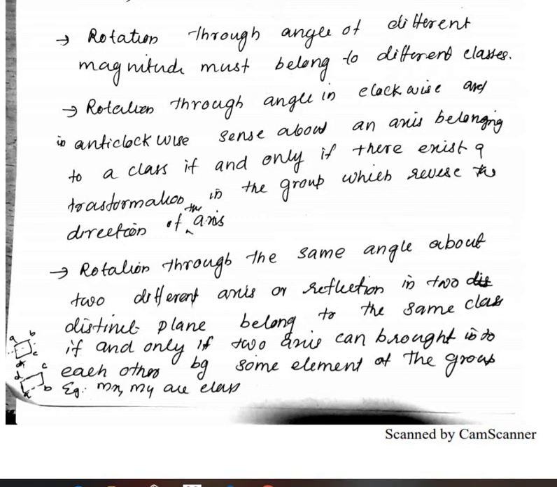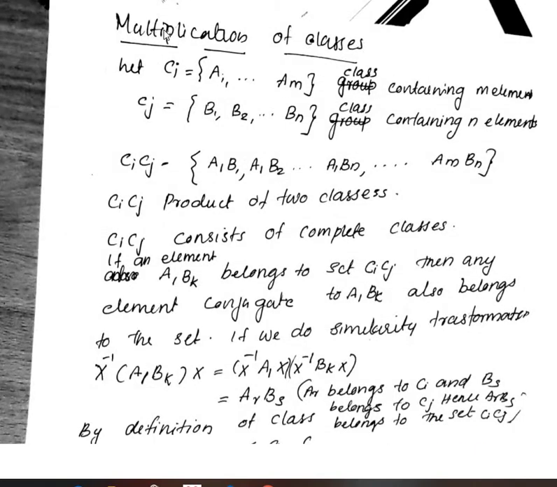Now the multiplication of classes. Ci is equal to A1, A2, A3, etc., up to Am. Ci means a class containing m elements.